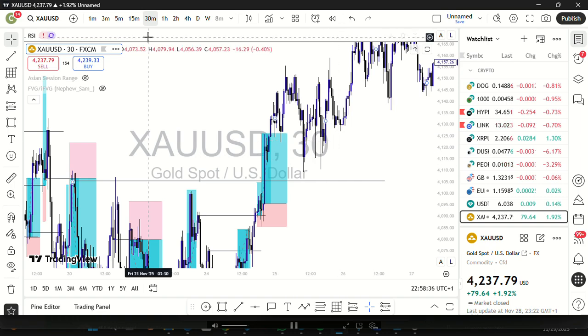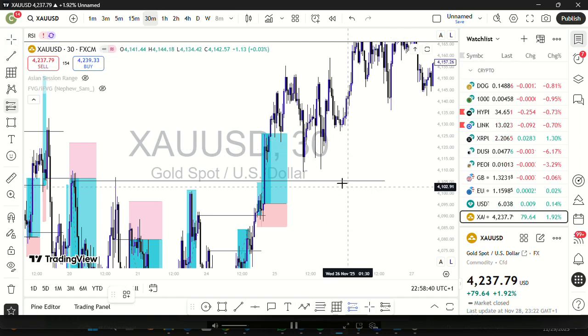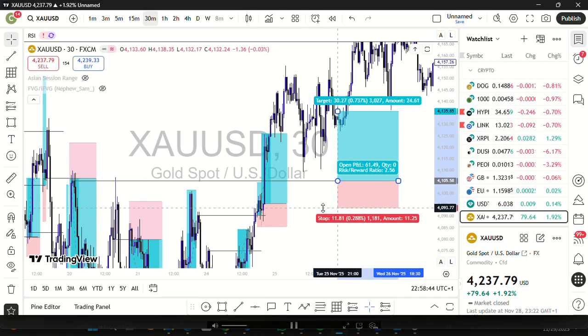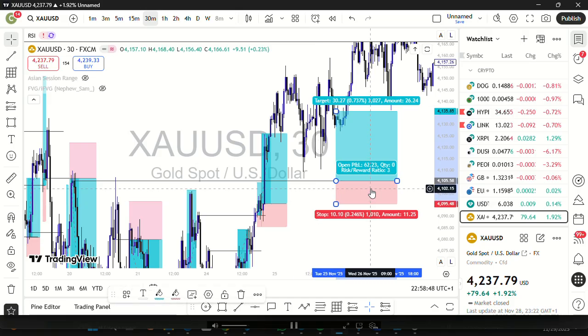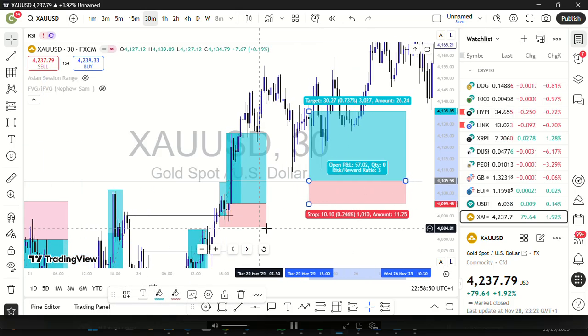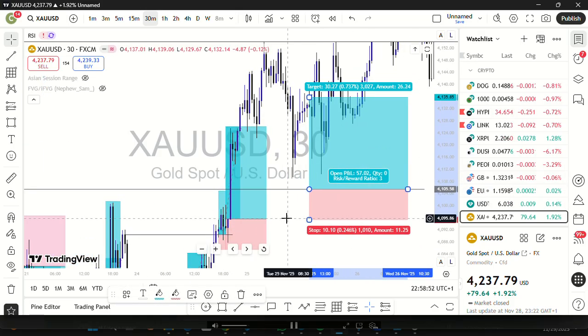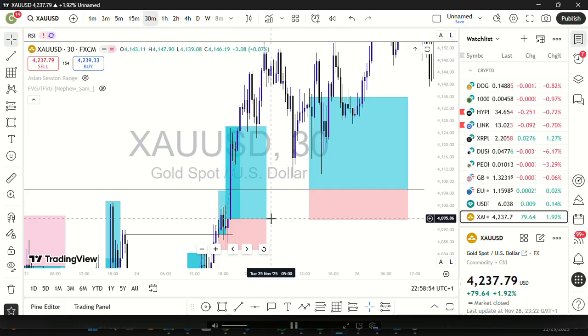Then I found out that price actually reacted from a 4 hours RBS, which was so annoying. I was expecting that I would have covered this low, this last candle here.